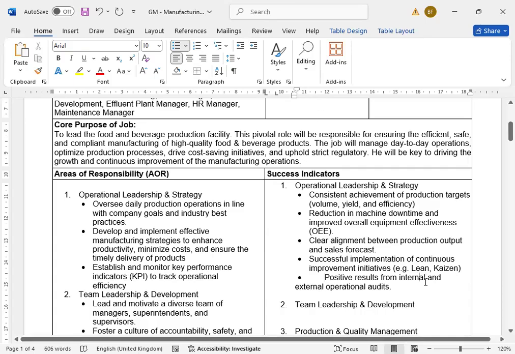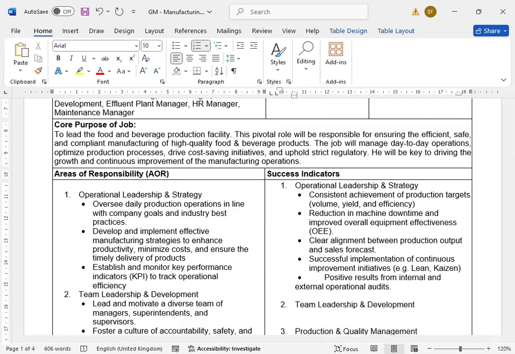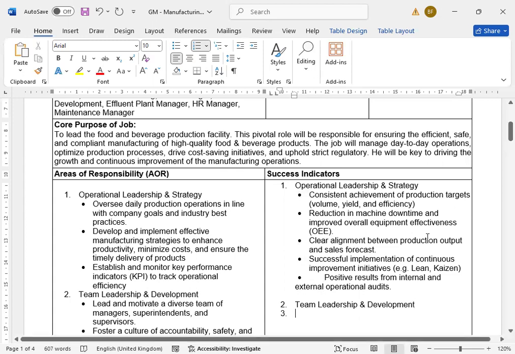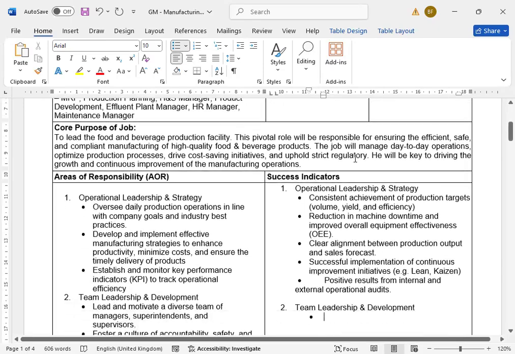Okay, okay. Now we go to the second key success indicator.